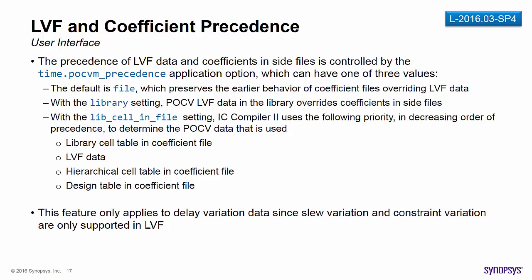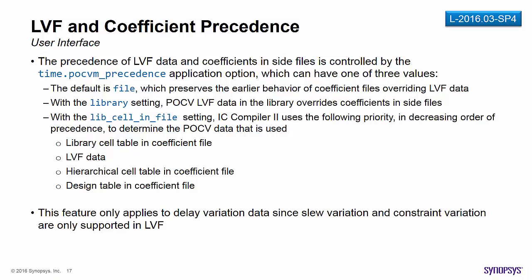The precedence of LVF data and coefficients inside a file is controlled by the time POCB precedence application option, which can have one of three values. The default is file, which preserves the earliest behavior of a coefficient file overriding LVF data.